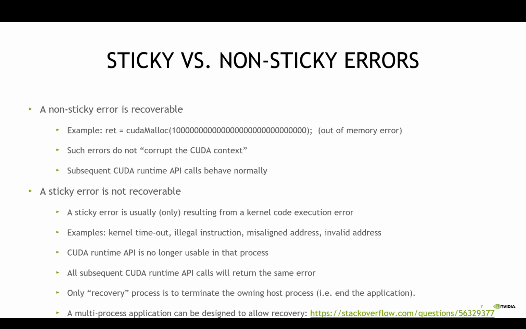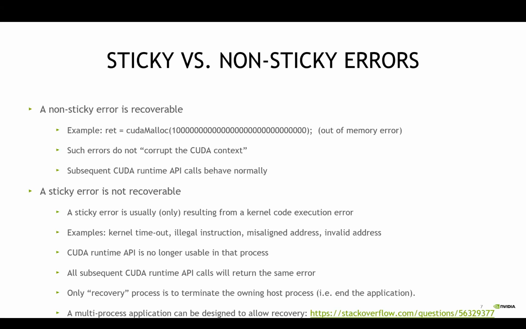In other words, if the subsequent CUDA malloc call was for an appropriate amount of memory that was available, we would expect it to succeed and that memory would be actually allocated. However, that is characteristic of a non-sticky error. And we say that the CUDA runtime is allowing us to proceed because that particular error has not corrupted the CUDA context. And so in other respects, we observe what we consider to be normal behavior by the CUDA runtime.